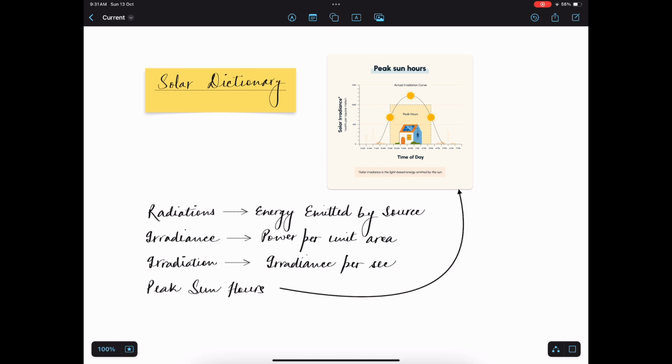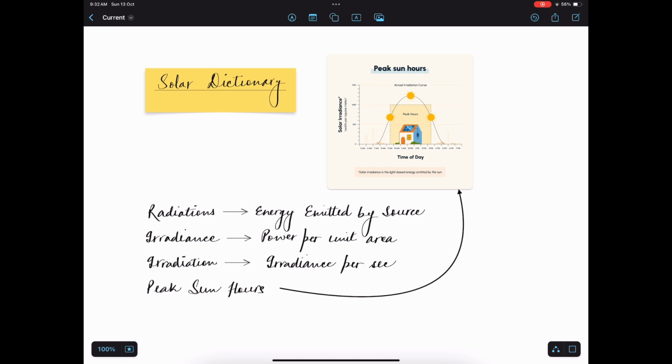What are peak sun hours? Peak sun hours refers to the period during a day when the solar irradiance exceeds 1000 watt per meter square. 1000 watt per meter square is again the irradiance. Typically, this happens when the sun is at its highest point and its intensity is the greatest.